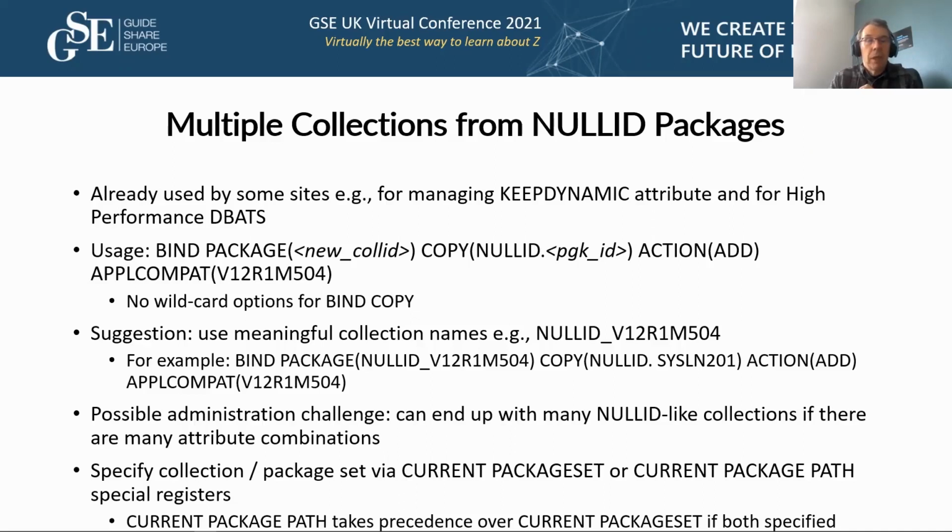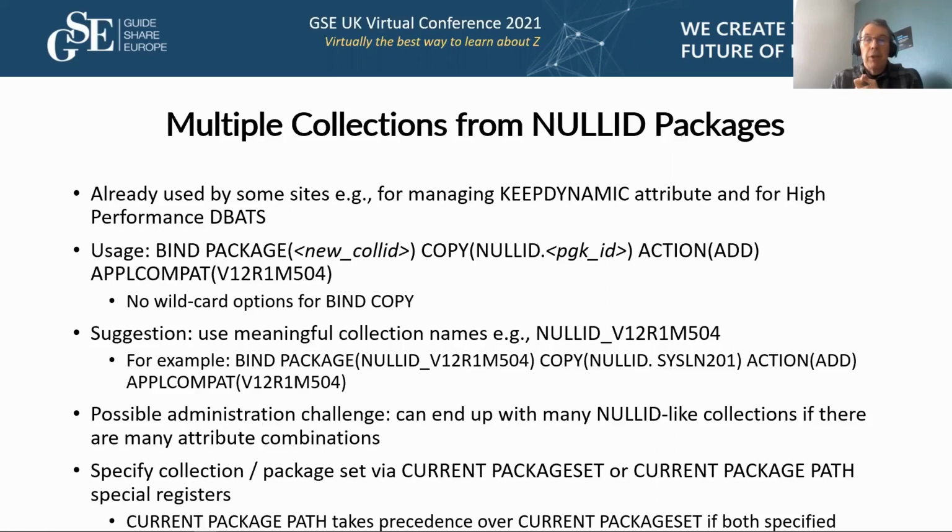Now, as we'll see later, and this is an important point, all the options of doing this use one or the other of these options. You can specify which collection and which package set you're using by the current package set or current package path special registers.